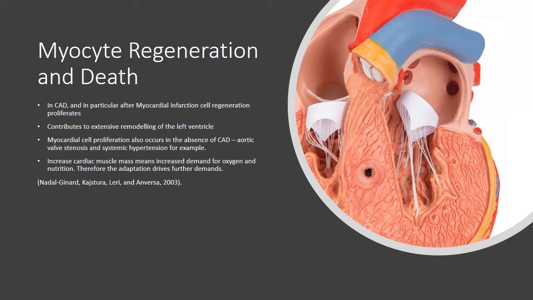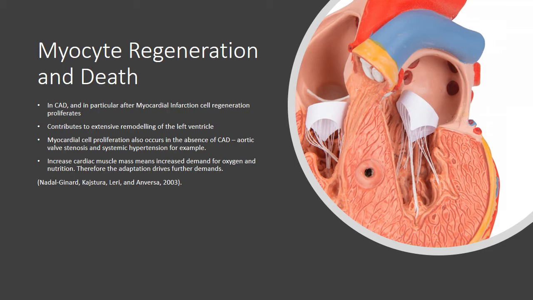We know that there's an increased pressure, an increased demand for the opening of the aortic valve, and we've talked about that in terms of afterload. So the heart needs a more forceful contraction to overcome the pressure exerted on the aortic valve, and it's the same in systemic hypertension.